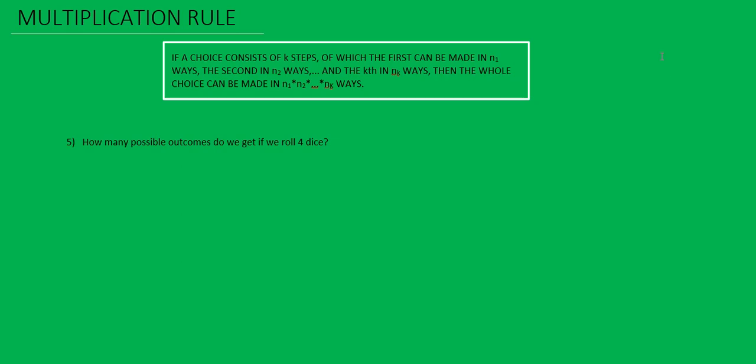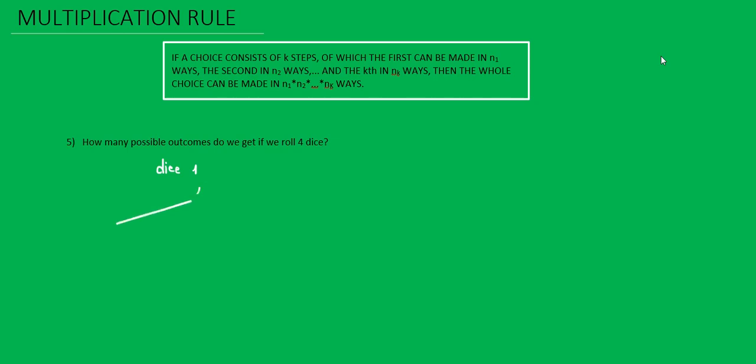Like in this 5th example, if you're asked to count the possibilities if you roll 4 dice, you can say that this choice consists of 4 steps. First, choosing the outcomes for the first die, dice 1. How many outcomes do we have? Well, 6.